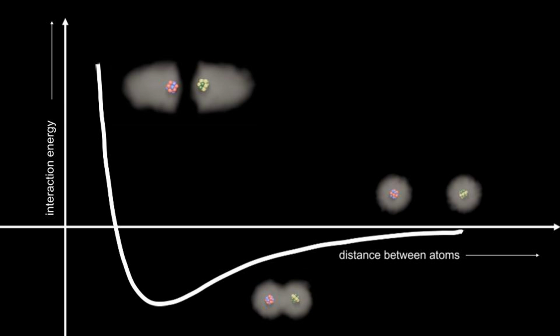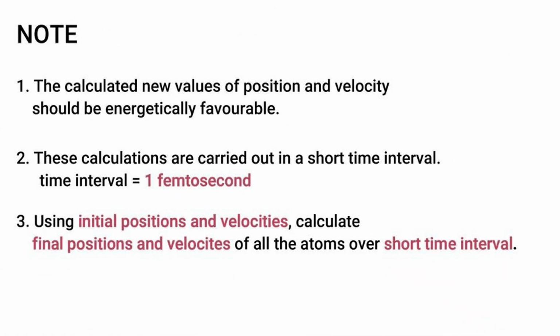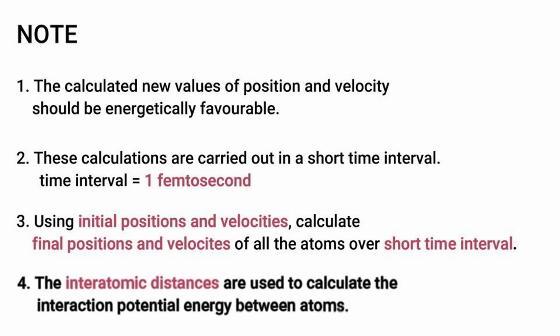And at very small distances, electronic and protonic repulsion dominates the interaction between the atoms. Thus, from the initial position and velocity of the atom, we can get the distance between the atoms and deduce the interaction energy between them. This computation of interaction energy between the atoms is the second step of MD simulation.